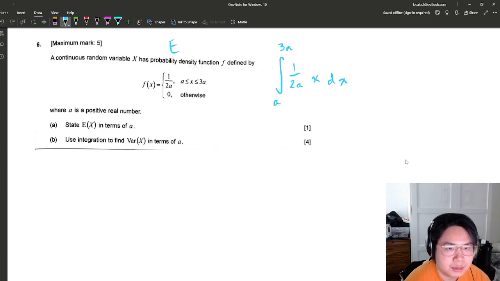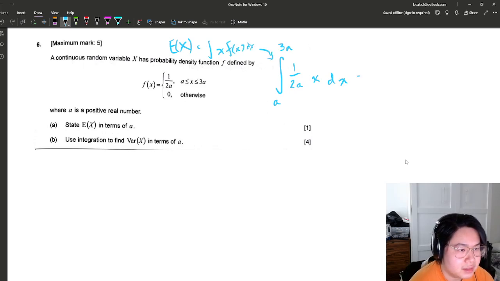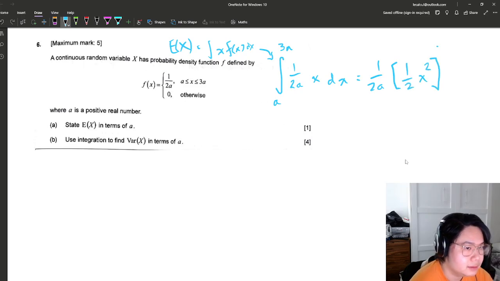Okay, from your formula booklet, expected value is integral from, and then it's x times f of x. Okay, so then this is 1 over 2a. 1/2 x squared from 3a to a.